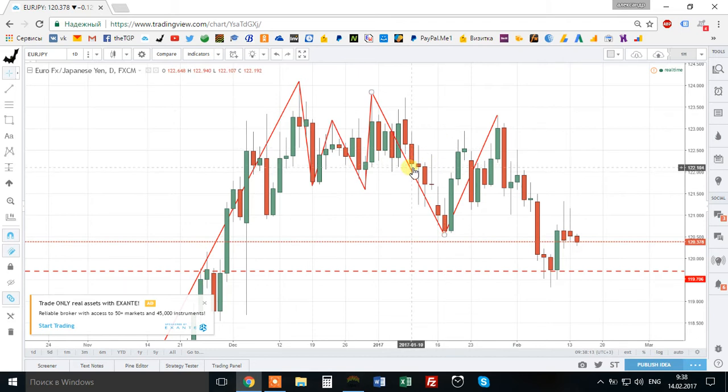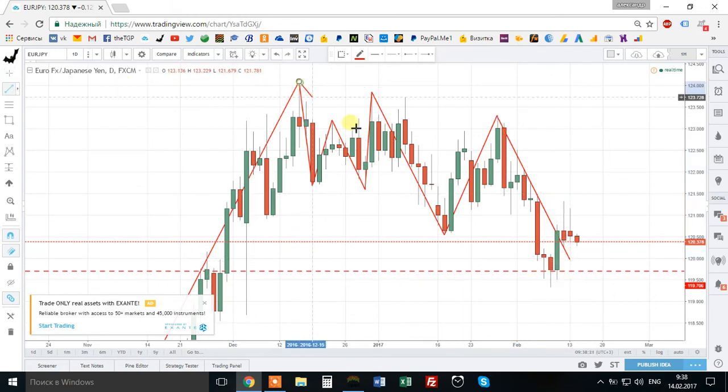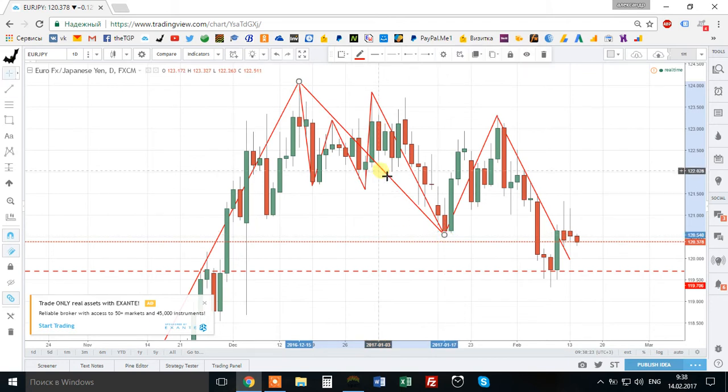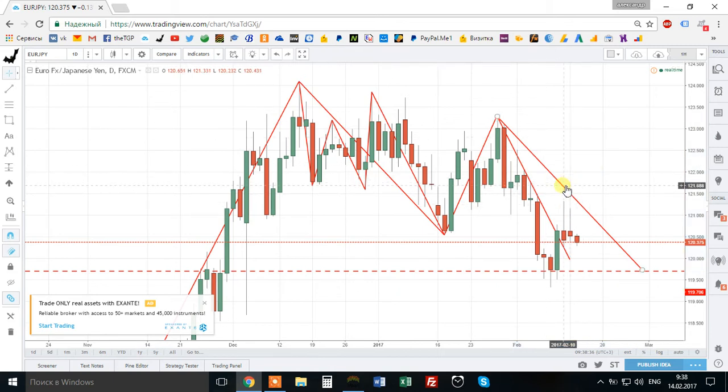If you copy and paste this, you will see it terminates somewhere within this zone. If we draw this leg this way, copy and paste it as well, we will have it terminated actually at the same zone. It doesn't give us any exact numbers, but it gives a zone.